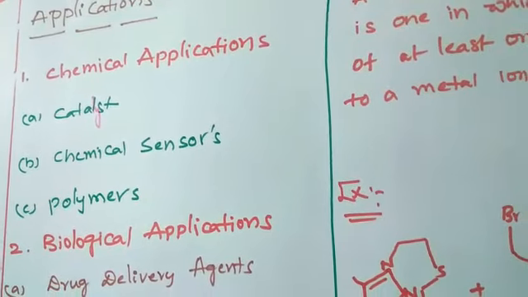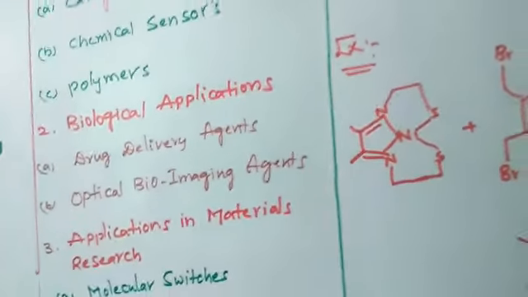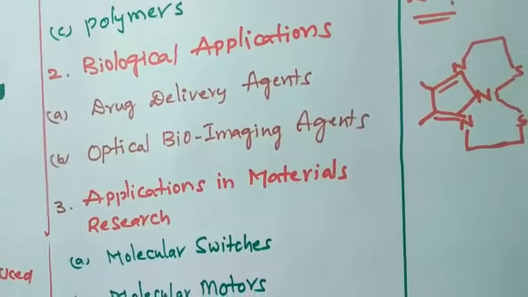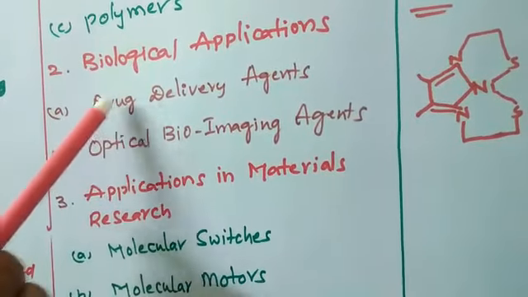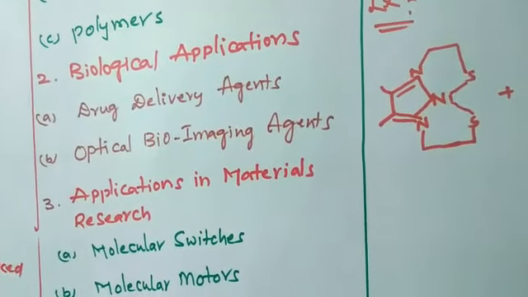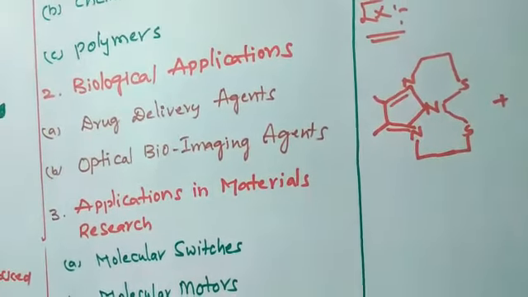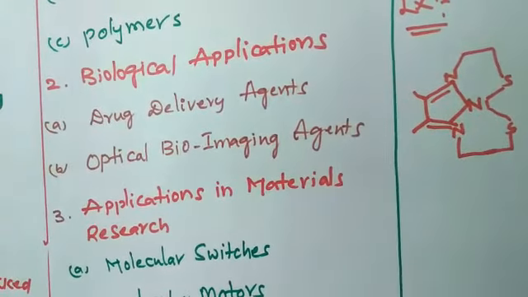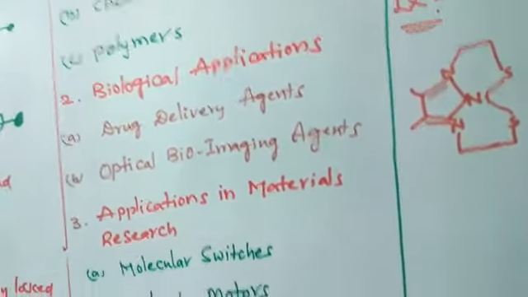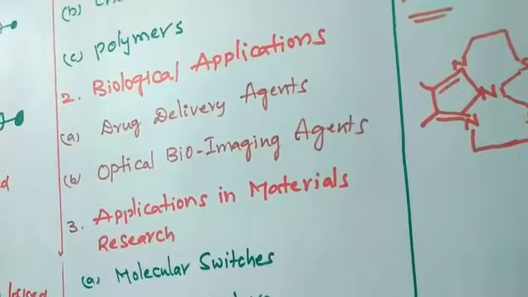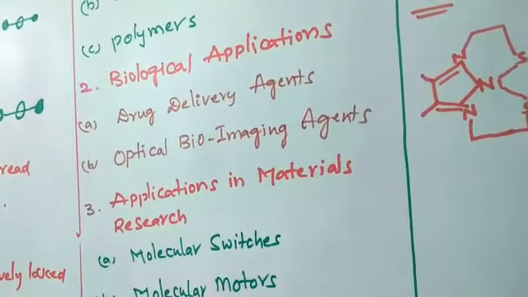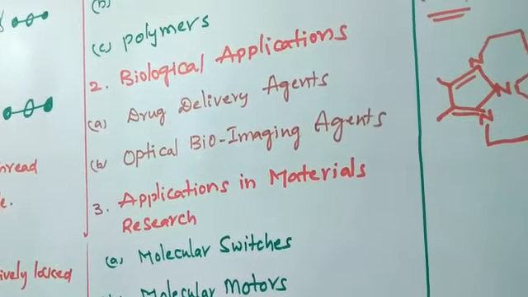Another important application is biological applications. Generally, biological applications have two types. Number one is drug delivery agents. Number two is optical bioimaging agents. In drug delivery, alpha-chymotrypsin is used to hydrolyze the amide bond to the macrocycle, and the amide bond releases the macrocycle into the cell.